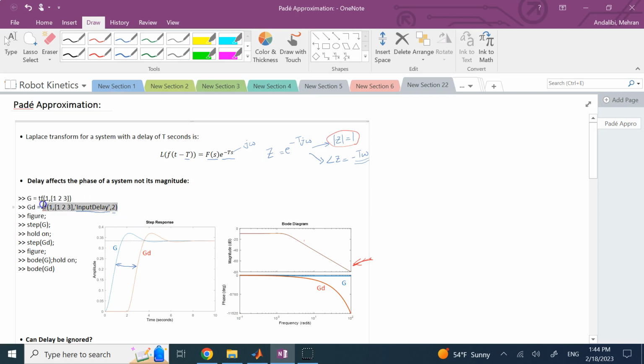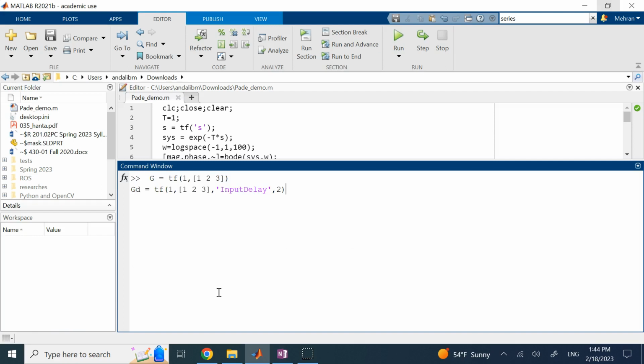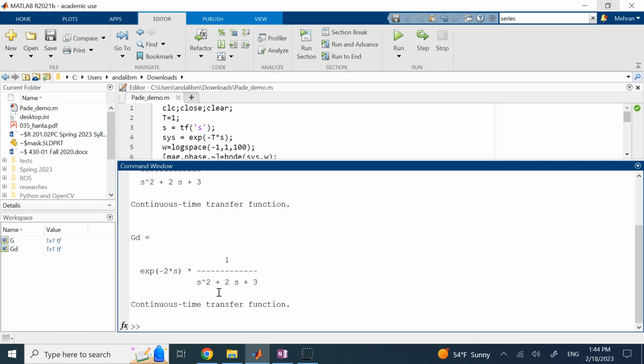So in this case, for example, let me show you this last thing before we finish the video. If somebody says, this is my system, it is this original system that has a 2 second delay, either because of transport delay or sensor delay or anything, right?